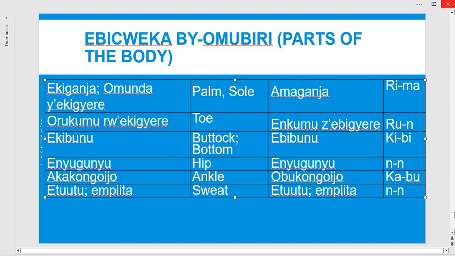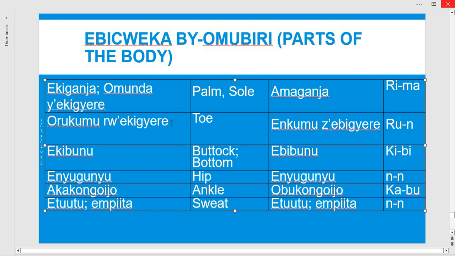Then we have orukumu rw'ekigere, that's a toe. Or we have orukumu rw'engaro, that is your fingertip.